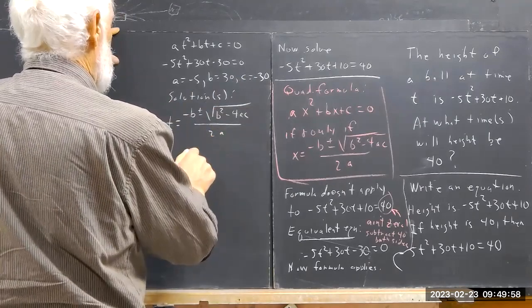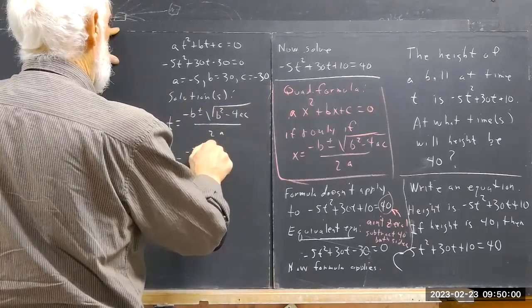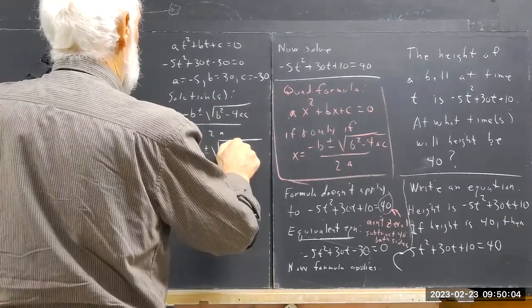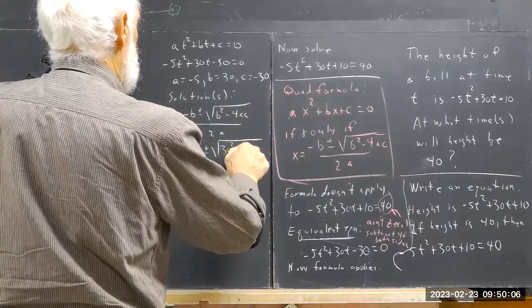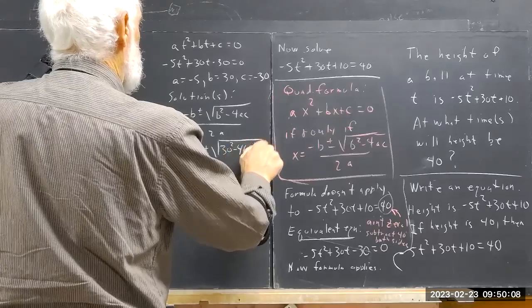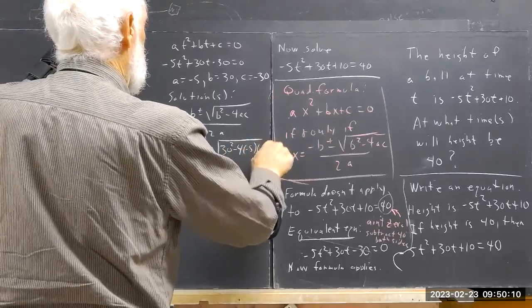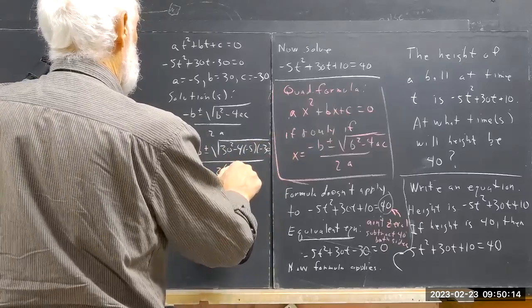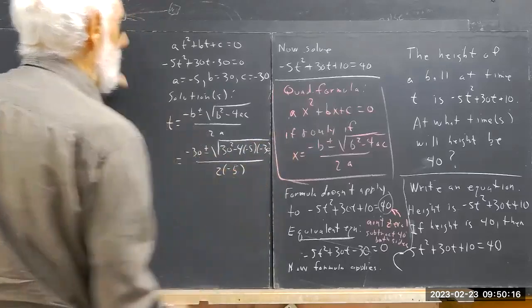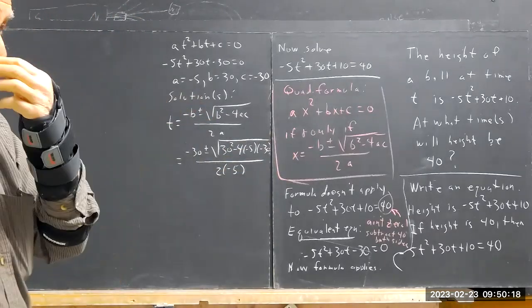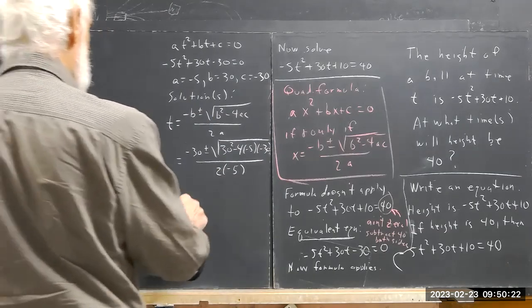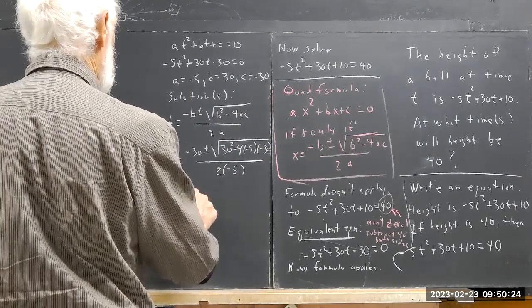And that's going to be negative 30 plus or minus the square root of 30 squared minus 4 times negative 5 times negative 30, all that divided by 2 times negative 5. Just plug in my a, b, and c. Well, that then is negative 30.